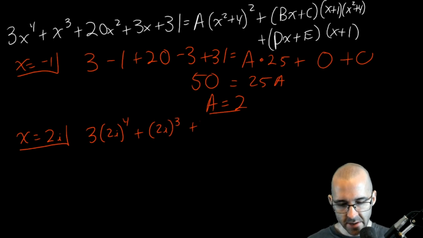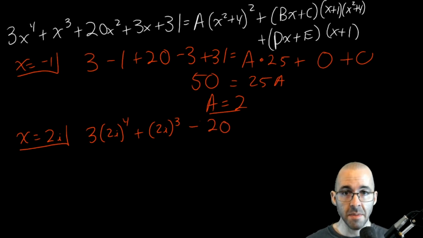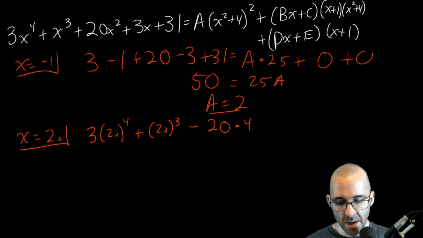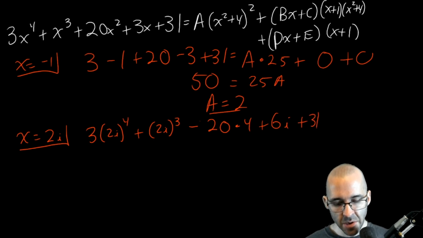All right, plus, it's going to be minus 20. The i squared becomes the minus 1, but then we also have the 2 squared as well. So it's going to be times a 4. It's going to be a minus 80 right there. Plus, again, when x is 2i, we're going to get 6i plus 31. And that's going to equal the right-hand side.